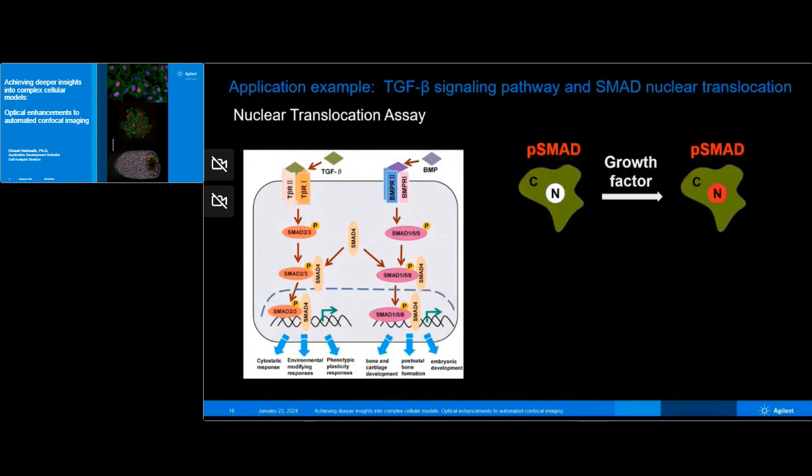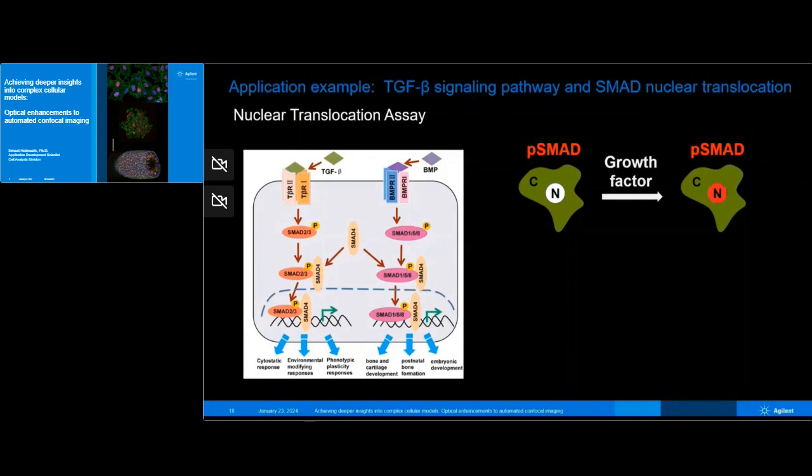Now, the assay setup is fairly simple here. We're stimulating cells with a growth factor and then quantifying how much of that phosphorylated SMAD has translocated into the nucleus using an antibody-based approach.